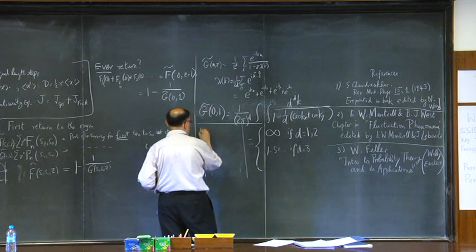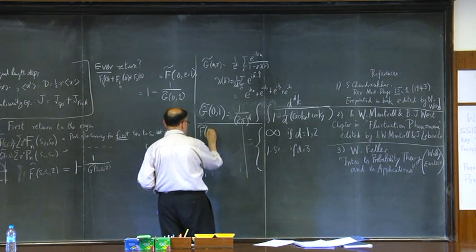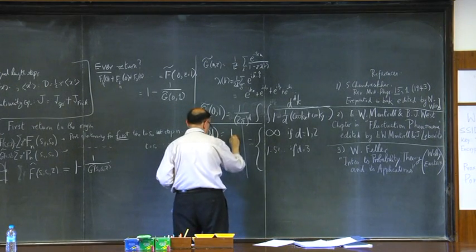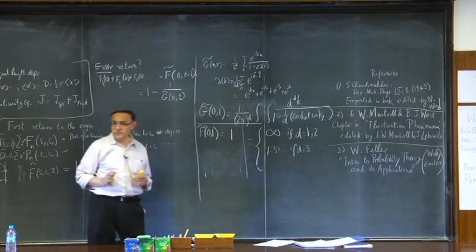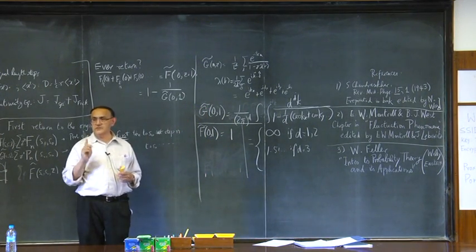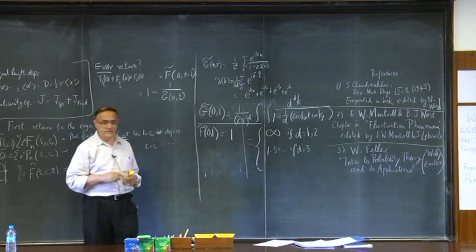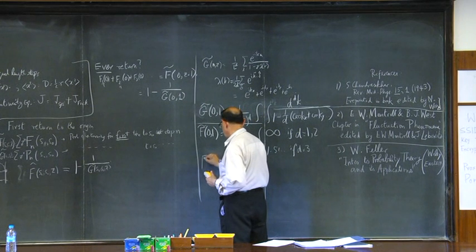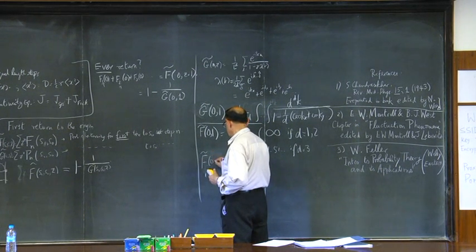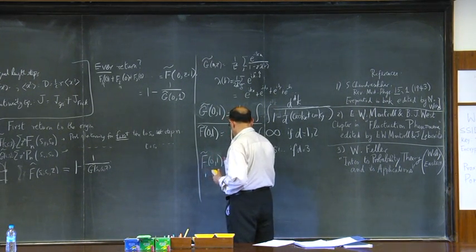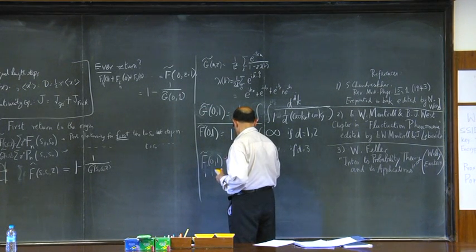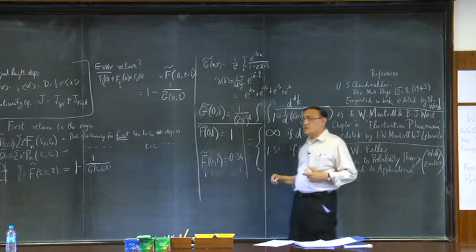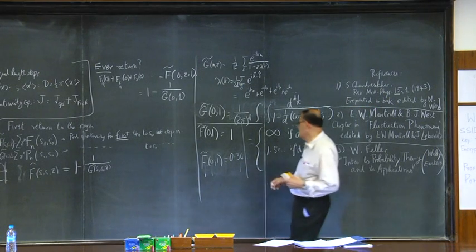So, with the infinity, f hat 0 1 is equal to 1. So, return with probability 1. And f hat 0 1, well, you work it out, it's about 0.34 for 3 dimensions.